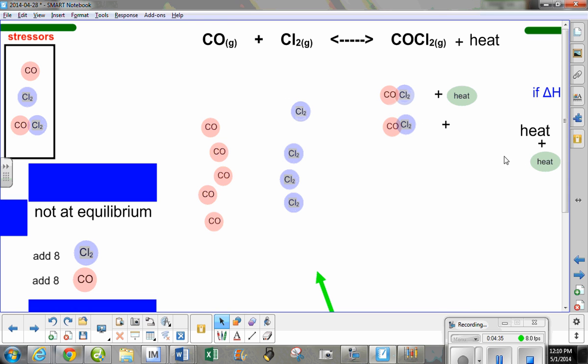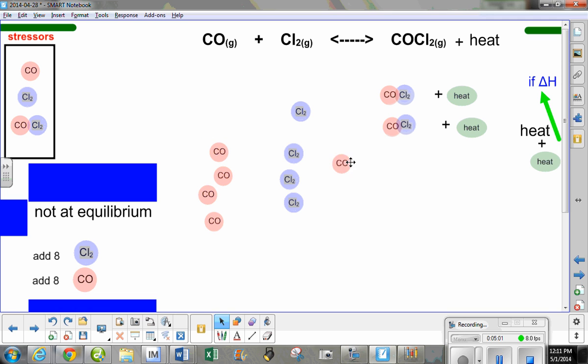And so we're going to add a little bit more heat. And the heat is being created because when these guys came together, they were like making this, and when they did that, there was heat produced because the delta H is a negative kilojoules. So the heat is on the right.